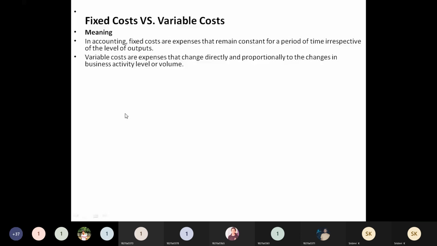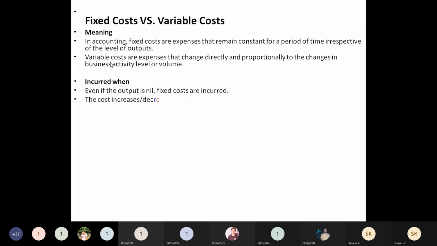And even in when they are incurred, fixed cost and variable cost, there is a difference. If output is 0, fixed costs are incurred.